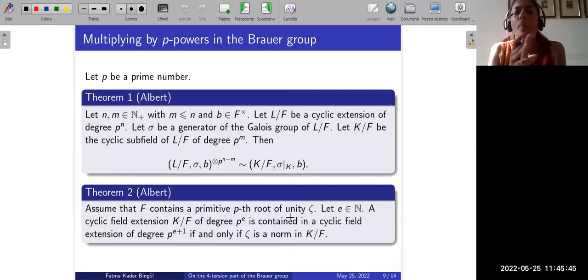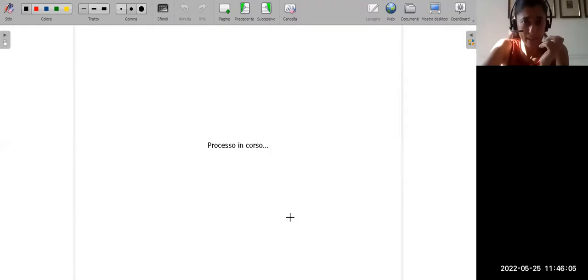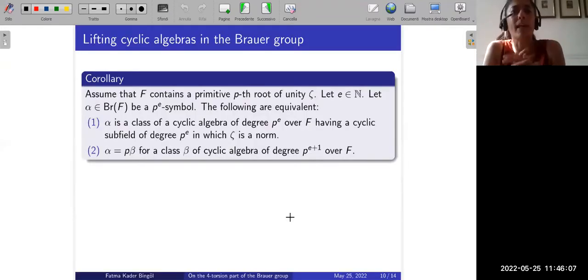Okay, so now using these two results, we can give a necessary and sufficient condition for a cyclic algebra to lift, a cyclic algebra in the Brauer group, when we have a primitive p-th root of unity. Let me state precisely. Assume that F contains a primitive p-th root of unity, zeta, and let e be an integer.